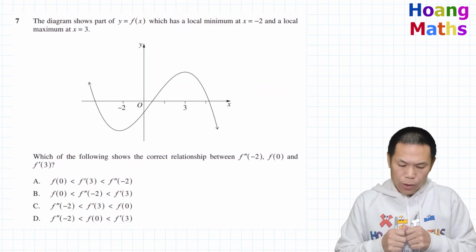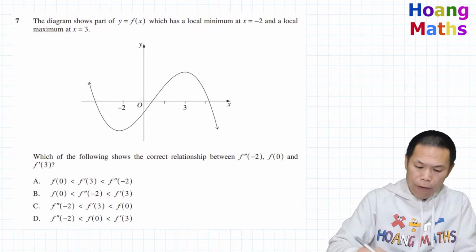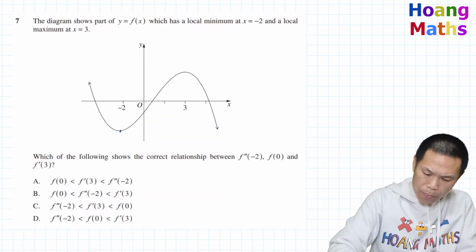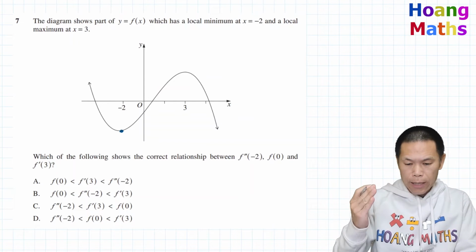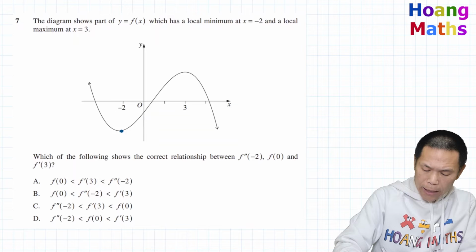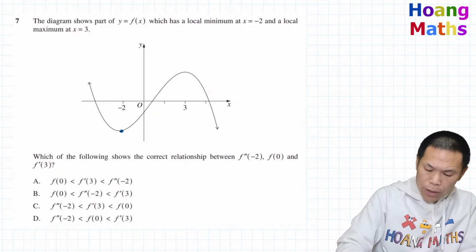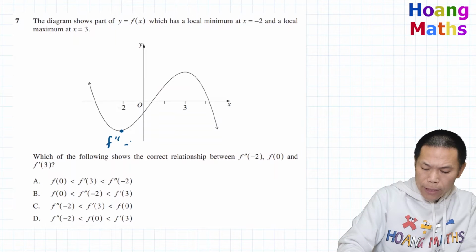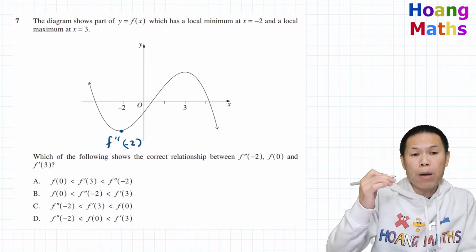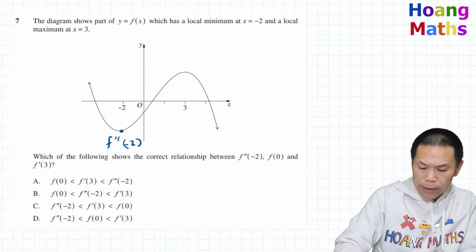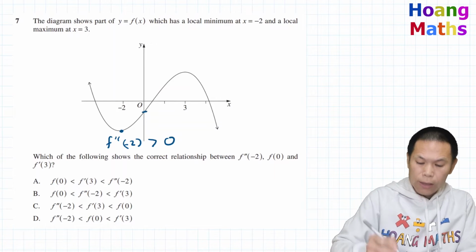Question 7. First of all, we know this f of x has a minimum at x is -2. So this means that at this point here, f double dash of -2 is, because it's the minimum, greater than 0. And we know that this is the y-intercept.